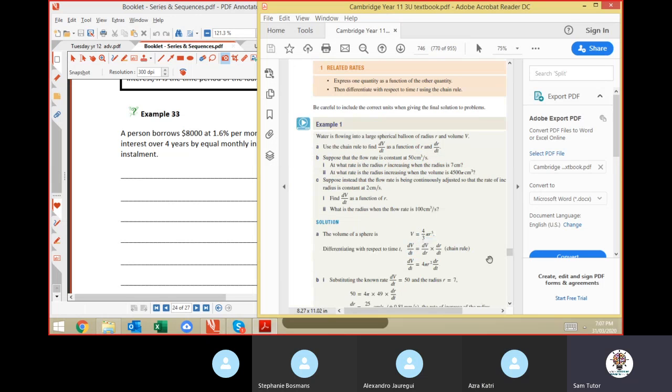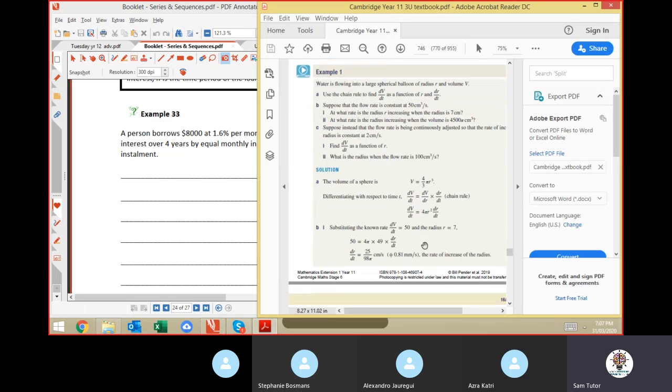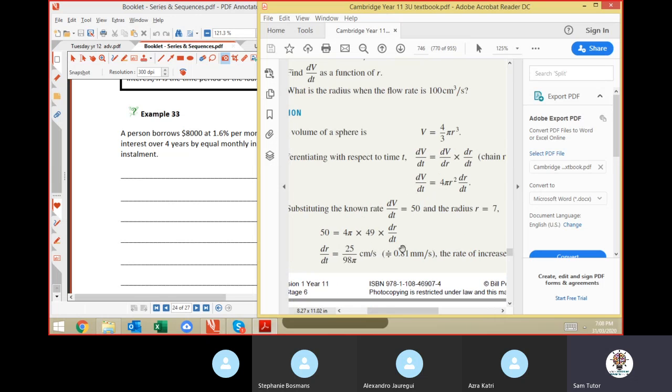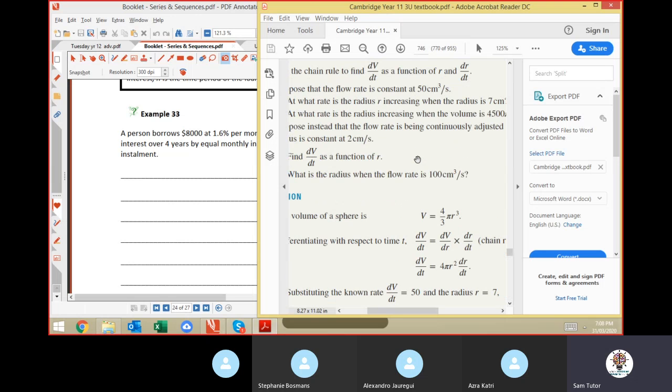So dV on dt is 50, and the radius is 7. Why? Because it says the radius is 7. At what rate is the radius increasing? So we need to find dr on dt. Well, you have this expression, you already know what dV on dt is, you just solve for dr on dt. Divide everything. Does it make a bit more sense?